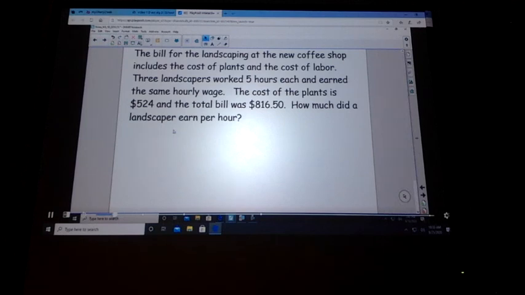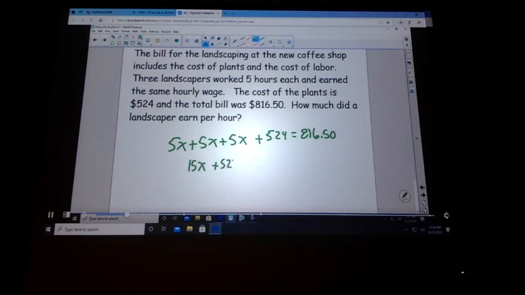So basically, you have 5x plus 5x plus 5x. That's with 3 landscapers. We'll be able to combine my terms in a minute. We know that the plants cost $524, and the total bill is $816.50. So let's combine my terms. We get 15x plus 524 equals $816.50.